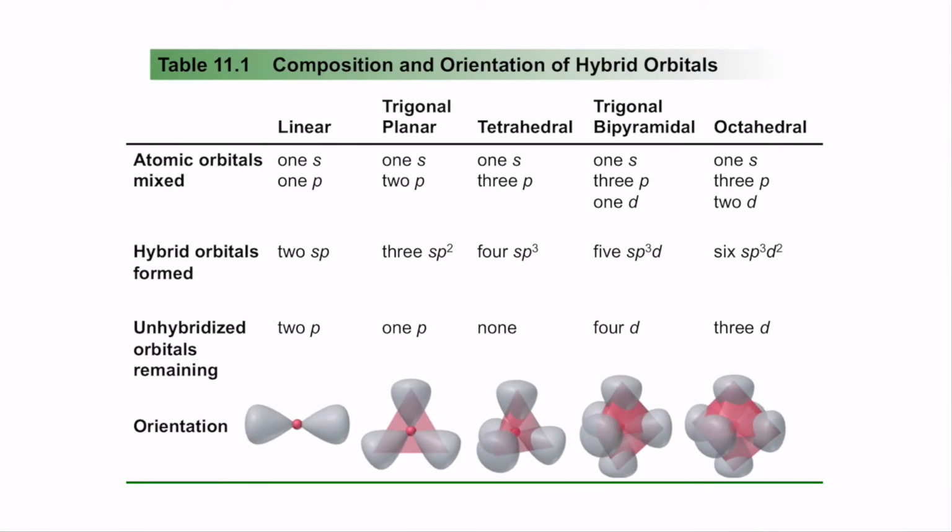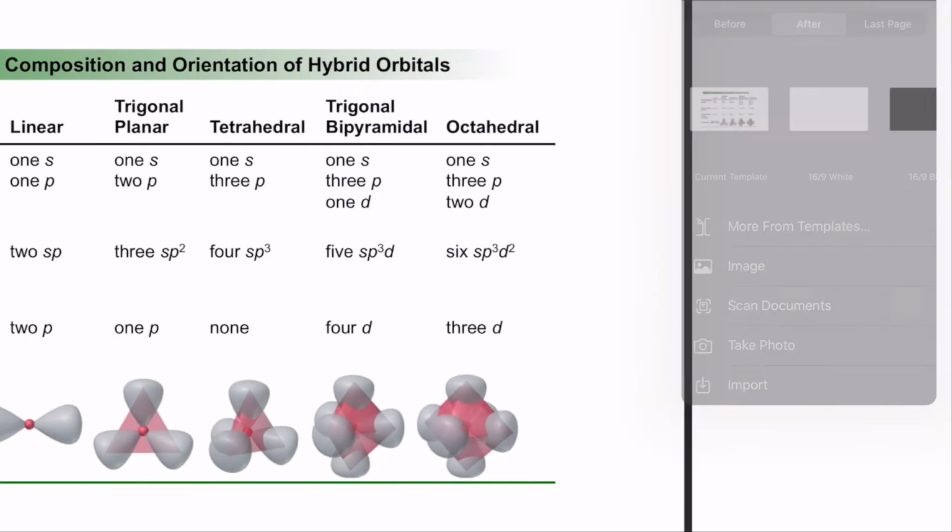So combining everything, now we can see the base structure here. For sp hybridization, the structure is linear. For sp2 hybridization, the structure is trigonal planar. When you have sp3 hybridization, the structure is tetrahedral.